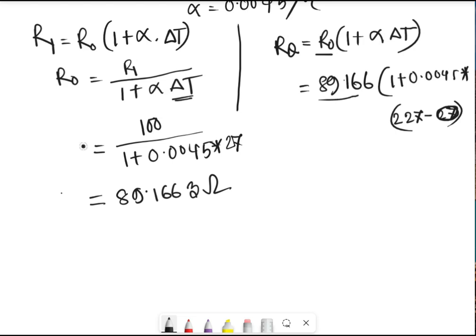So here it will be 0, right? Not 27. Careful. And here the first bracket closes. After calculating this, we will find the value of R theta is 169 ohms, right? So this is the final answer.